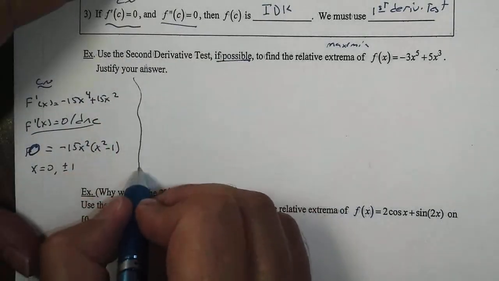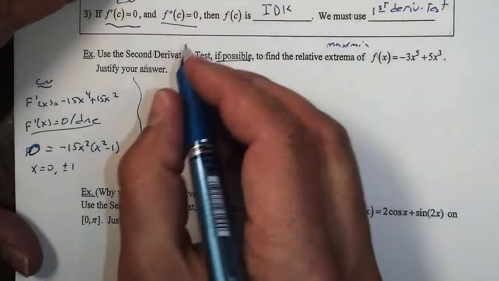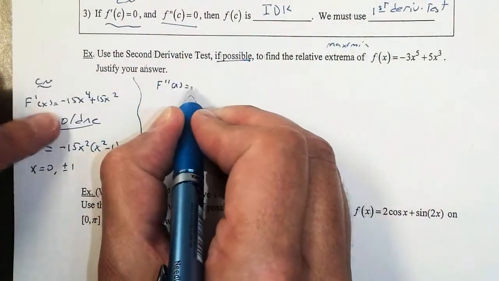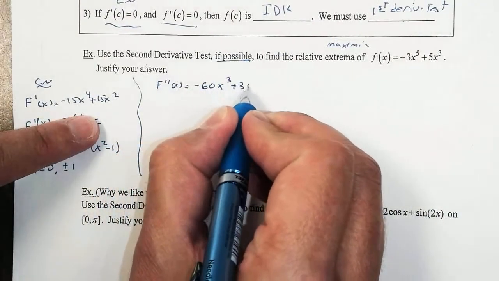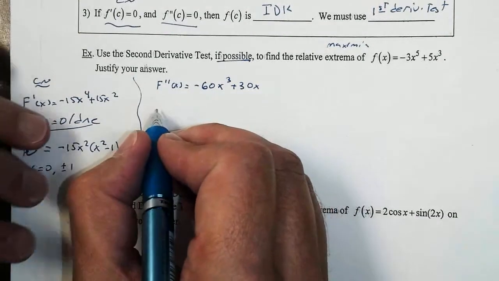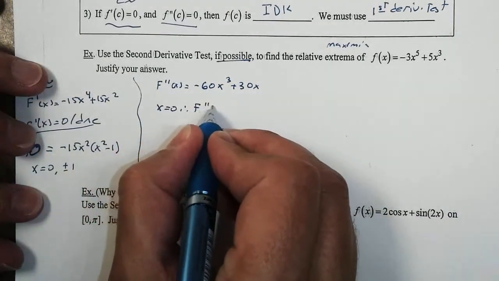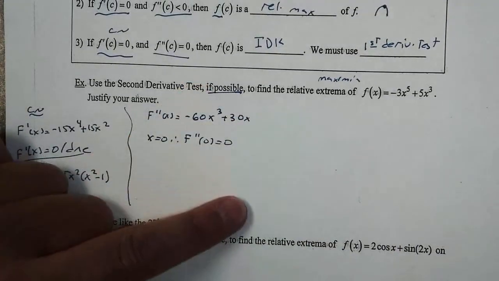Now they are asking us to use the second derivative test, so I should use it. Our second derivative is negative 60x cubed plus 30x. So I need to first look at x equals 0. The second derivative at 0 is 0. Now notice, this is our I don't know.